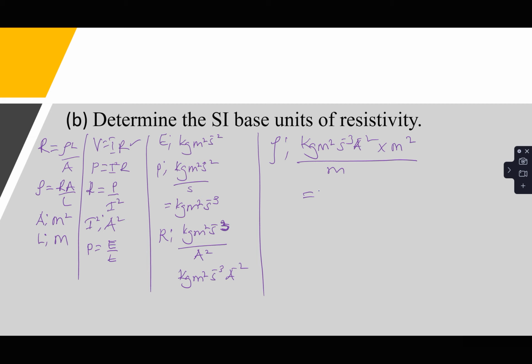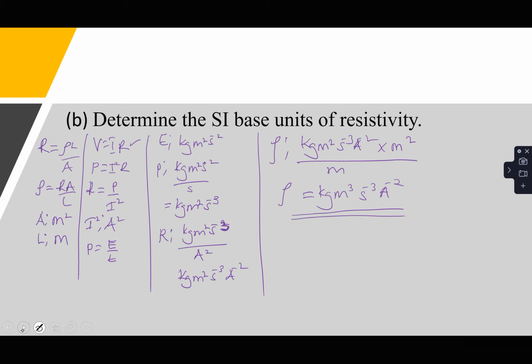Simple algebra, kilogram has remained. Here I have meters squared times meters squared divided by meters. It becomes meters power 3. Here we add the powers and then we subtract 1. Then s power negative 3, amperes power negative 2. So those will be the base units of resistivity.